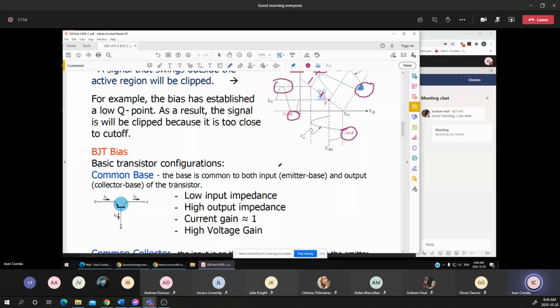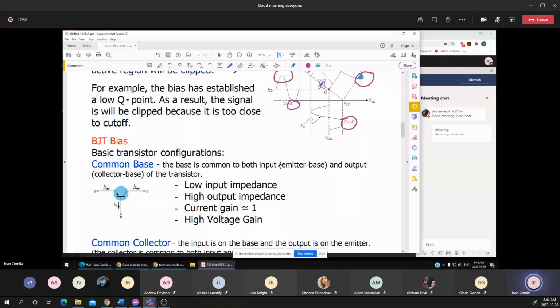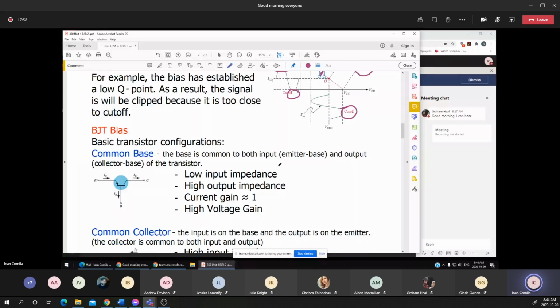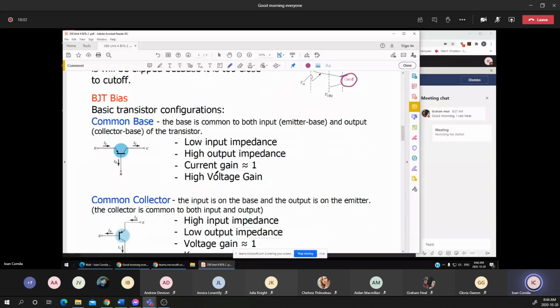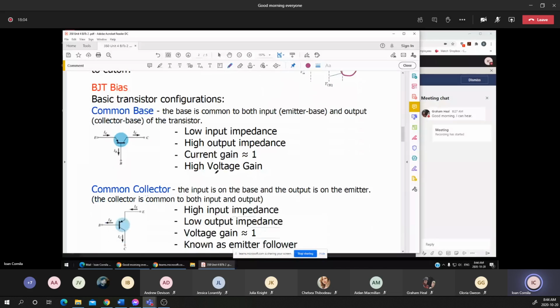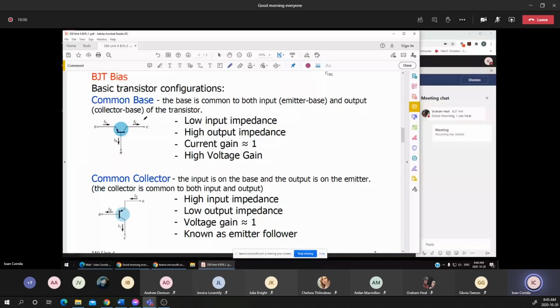Now we'll focus on biasing and we'll discuss three basic configurations. Most of the time you will see a common base, common collector, and the common emitter. You notice that all these three configurations have a common word in it. Now, let's try to clarify what common means.